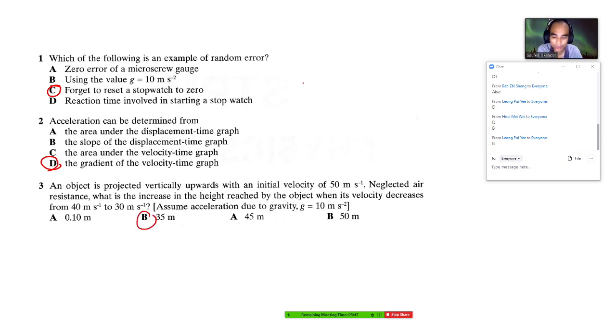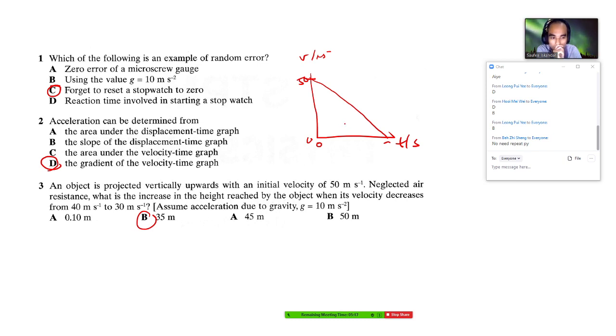Okay, you can use two methods. One is by using a graph. You have velocity in meters per second over time in seconds. Then you have from 50 going down to 0, and this is 0 to 5 seconds. Here it will be from 40 to 30.